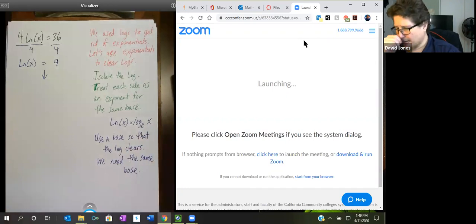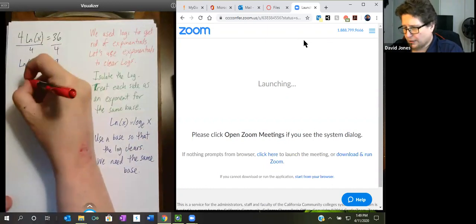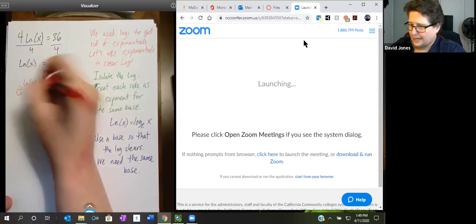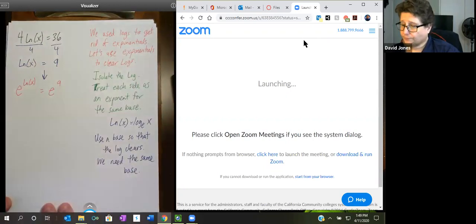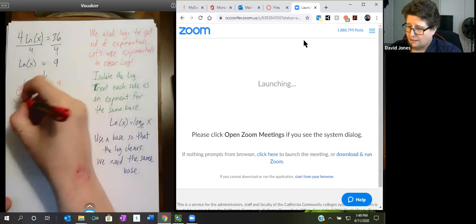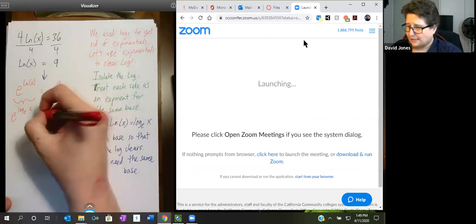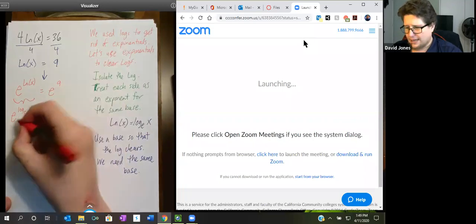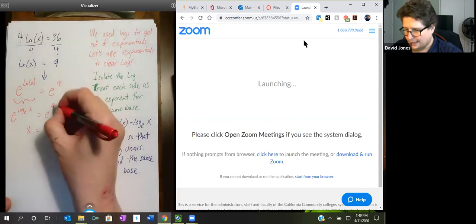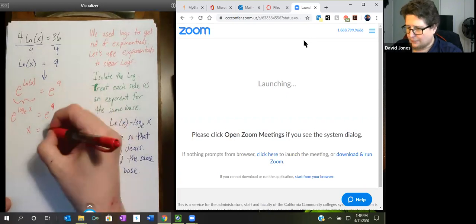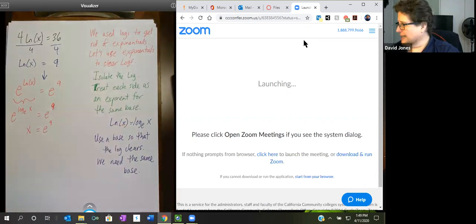Natural log has a base of e, so I need to treat each of these as exponents on natural log, or e. This is e to the log base e of x. And we said the e and log e cancel out. We get x equals, oops, that's a 9. x equals e to the 9th, which is very much an exact answer.